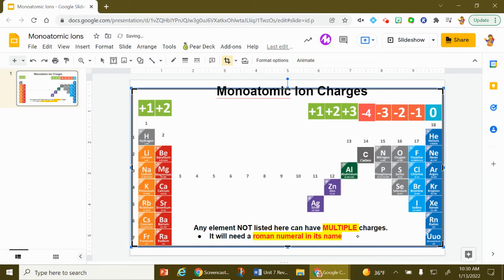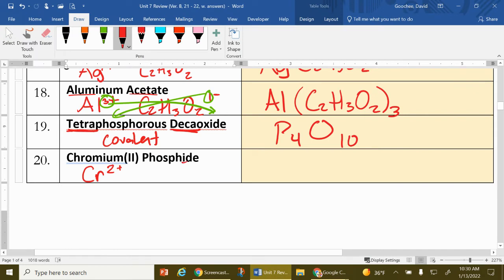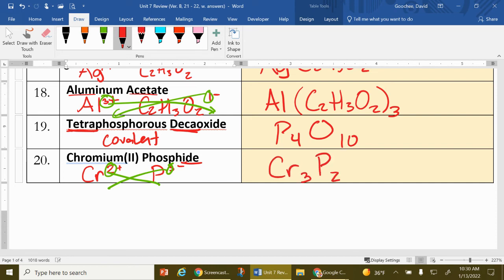It's phosphorus with a 3 minus charge. That IDE ending is monoatomic. This is phosphorus with a 3 minus charge. All right, so crisscross. Cr3P2.